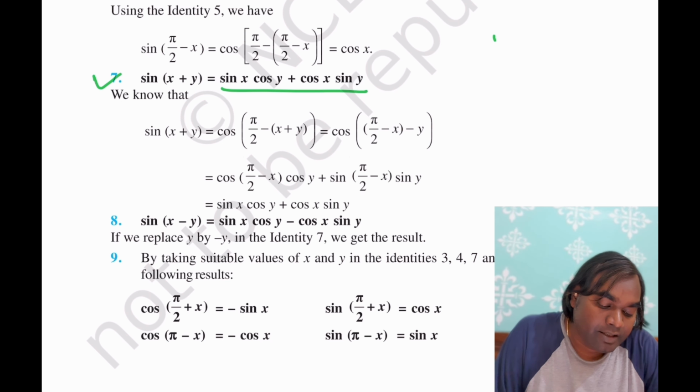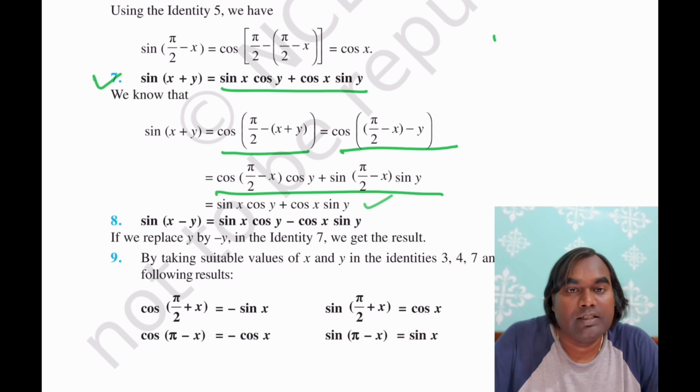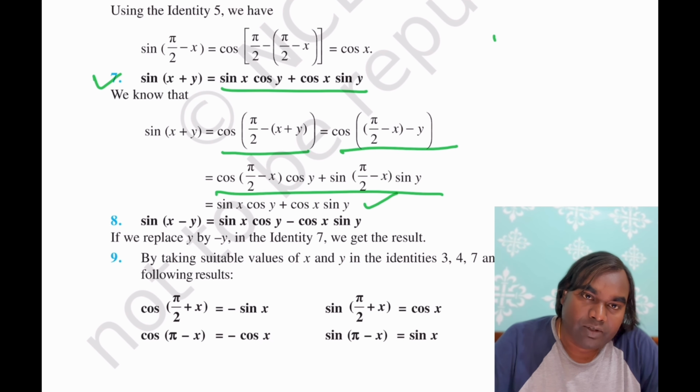We can prove this by writing sin(x + y) = cos(π/2 − (x + y)), which gives cos(π/2 − x − y), and after writing the relationship for cos(x − y), we get sin(x + y) = sin x cos y + cos x sin y.